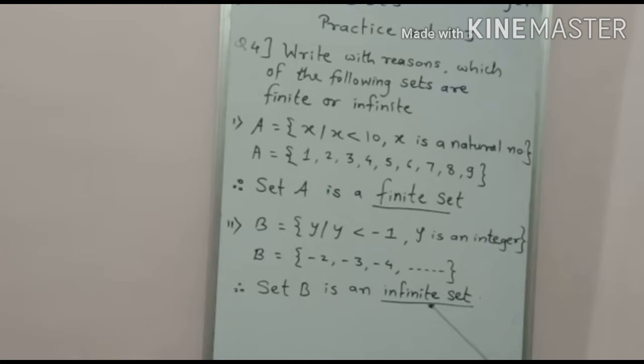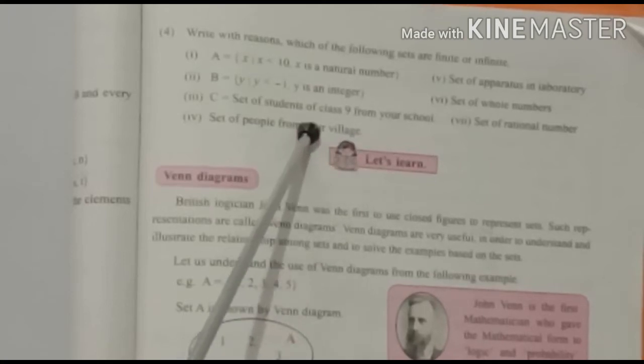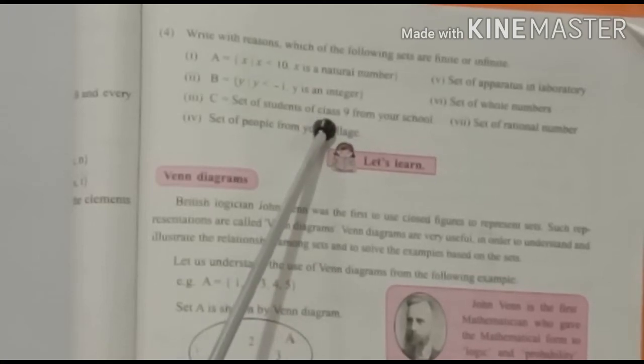Okay students, now let us discuss the third, fourth, fifth, sixth and seventh in our textbook. Third one: set C is the set of students of class 9 from your school. In our school there are 3 divisions.